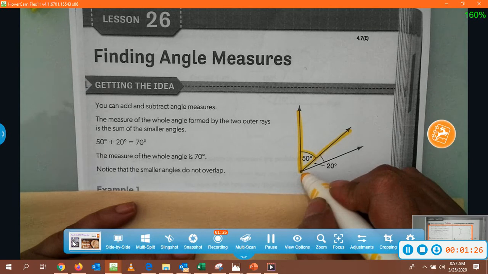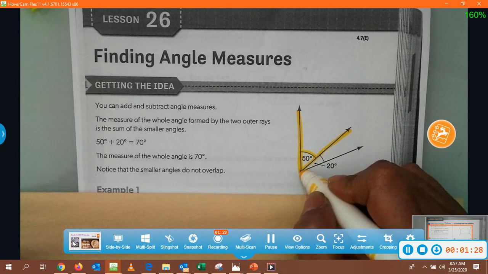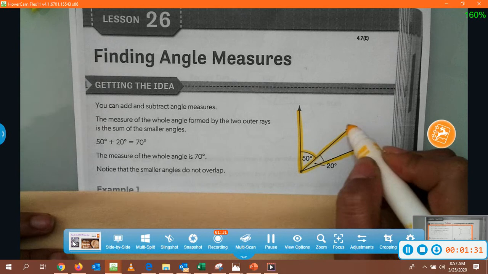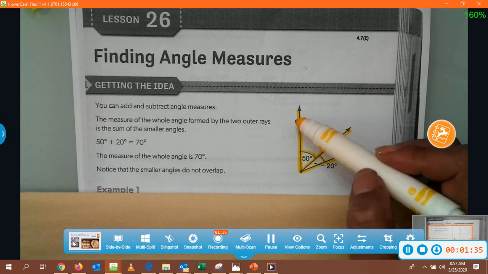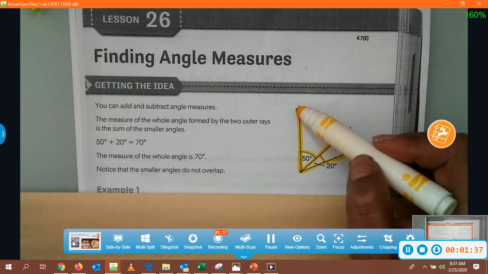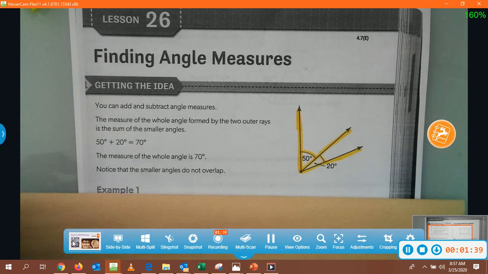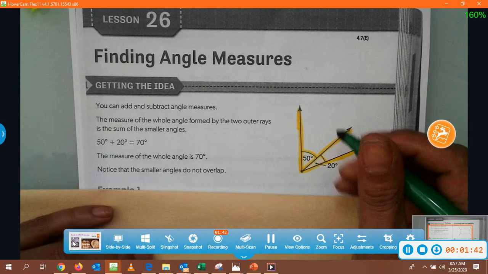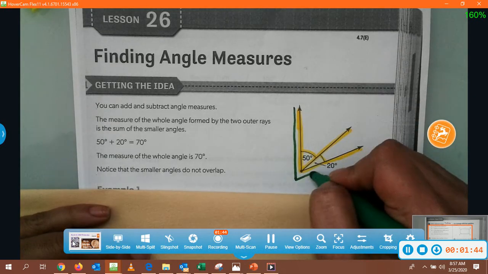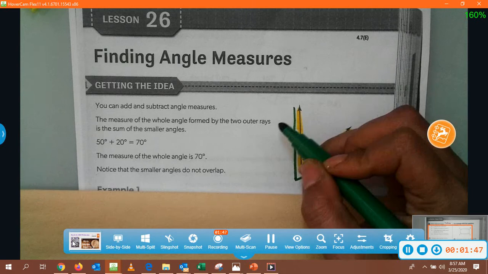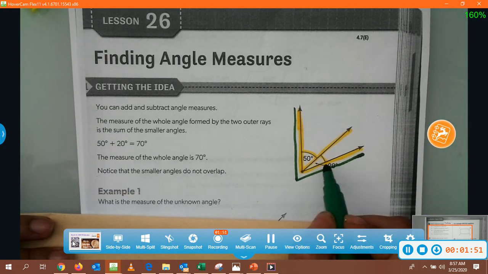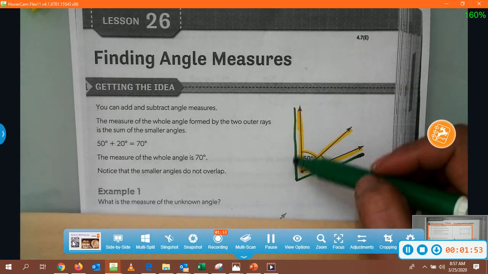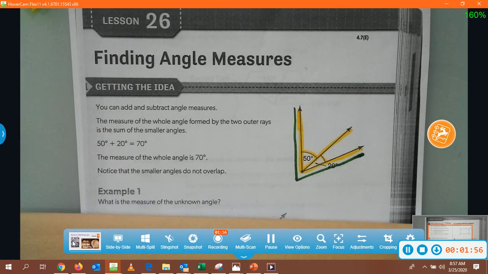But you have another angle that's connected by the vertex, and it only measures 20. So we don't know the entire measure of this angle on the outer part. The entire measure is 50 plus 20 equals 70. So this angle has a measurement of 70 degrees. Remember the degree sign.